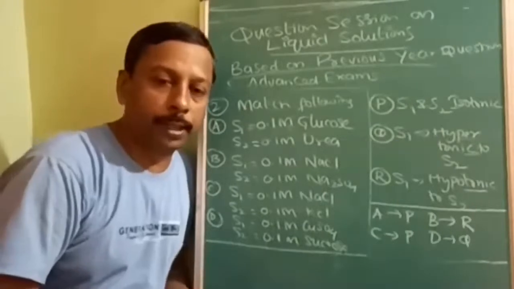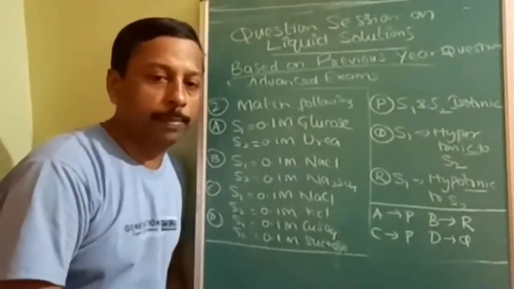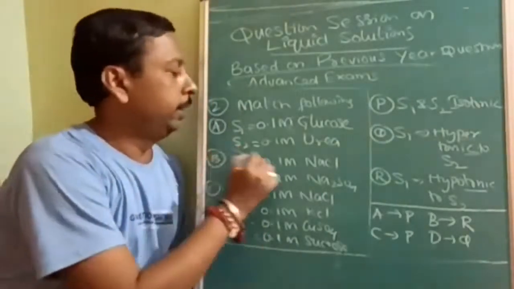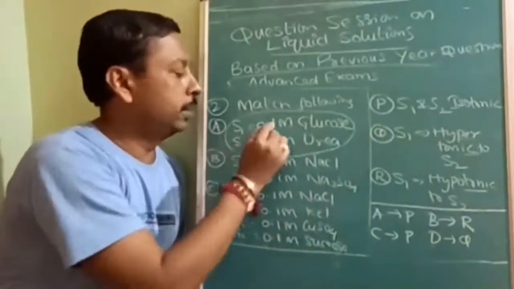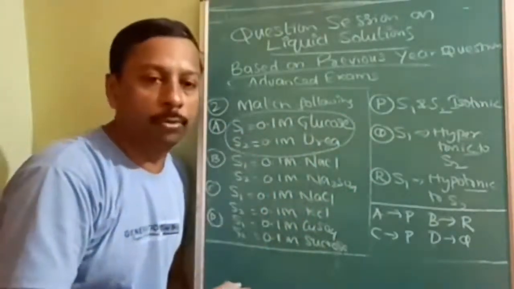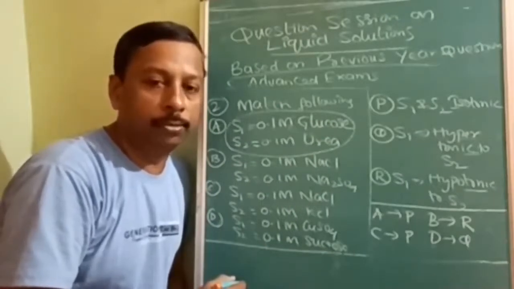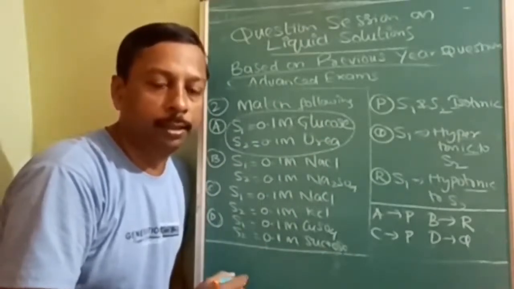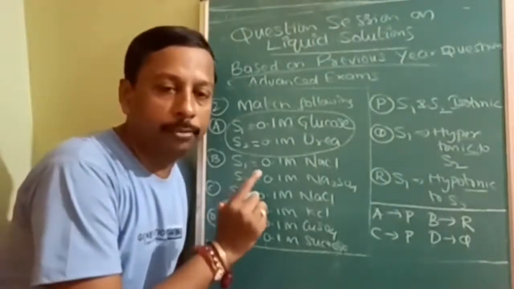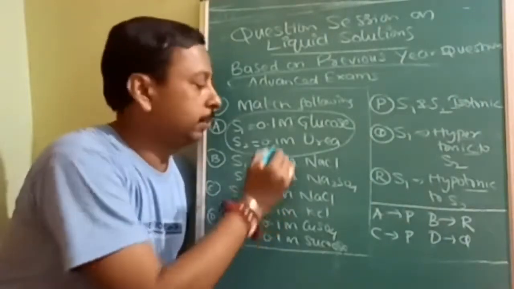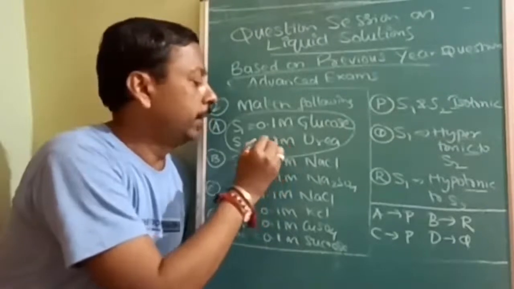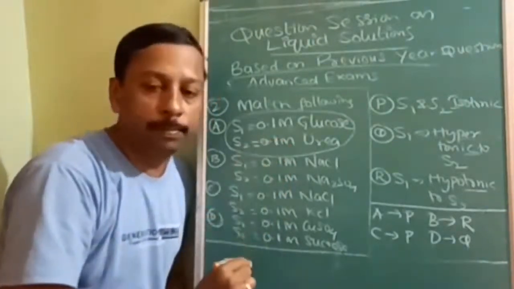Here are the answers about osmotic pressure. You can find here both have the same concentration and neither dissociates nor associates. If the solute neither dissociates nor associates, then the Van 't Hoff factor is going to be how much? When I ask this question, some students reply 0.